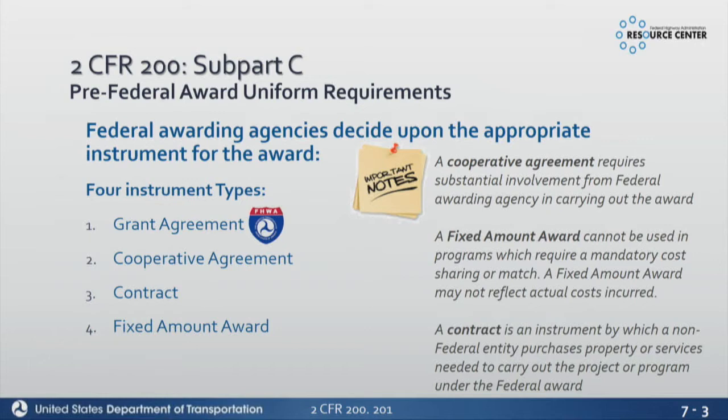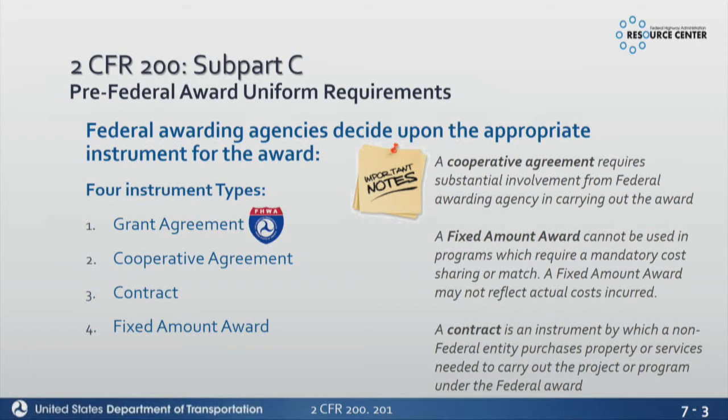So when we do a grant agreement, and this is really the only place that we actually see grant in 2 CFR 200. That's one of the words. We used to call them grants or sub-grants. Now they're called awards, but they still call the actual agreement itself a grant agreement. So basically the difference between a grant agreement and a cooperative agreement is that substantial involvement.